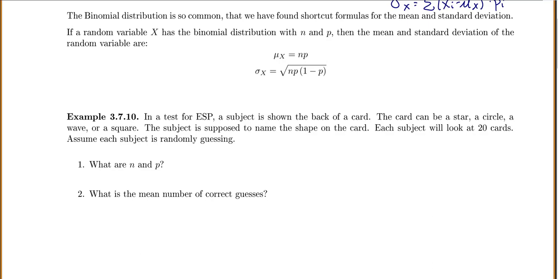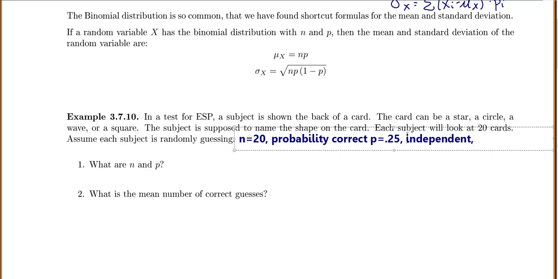So first, would this be binomial? Well, we know in advance we're looking at 20 cards. The probability of getting it correct, if you are randomly guessing, would just be 1/4 because there are 4 choices. So the probability would be 0.25. If you're randomly guessing, I would think each one should be independent.